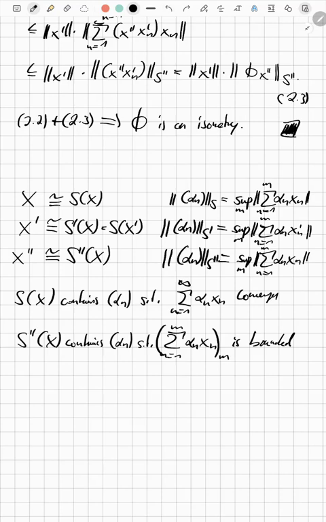And indeed, what we have just done in this chapter is a generalization of the identifications that we get for C0. So S of C0 is actually just C0, and S dash of C0 is just L1, and S double-dash of C0 is actually just L infinity.